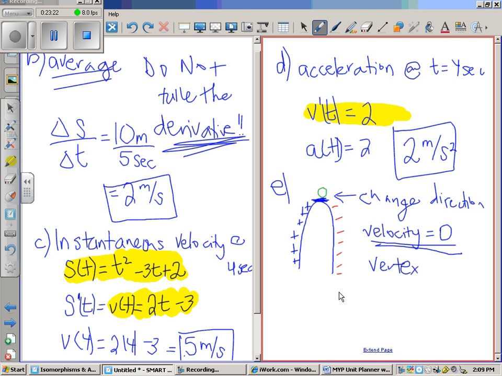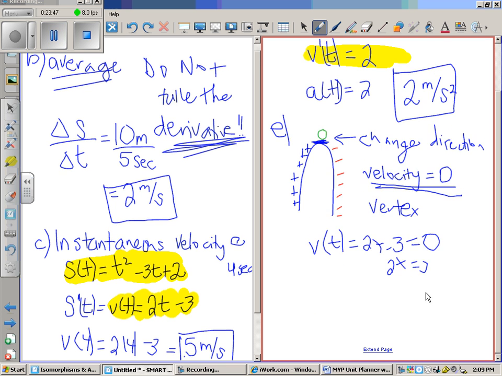So I want to know, where does the function change direction? Or, I'm sorry, at what values of t? Well, v of t equals 2t minus 3, and I want to know where that equals 0. So I can write 2t equals 3. Let's extend the page. This is harder than it looks, I promise you. Sorry, we'll start this over.